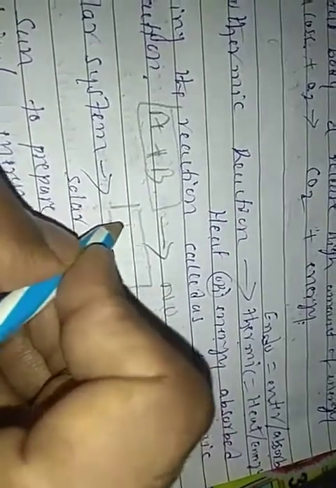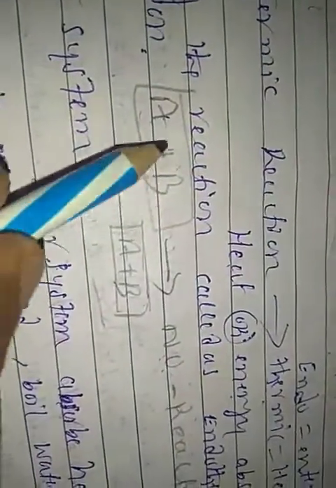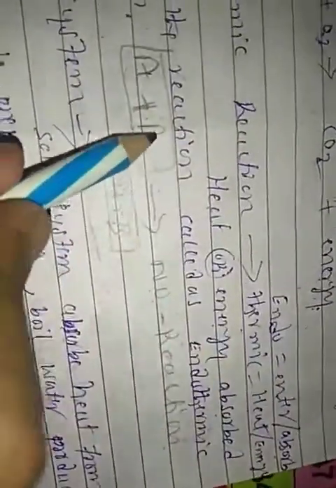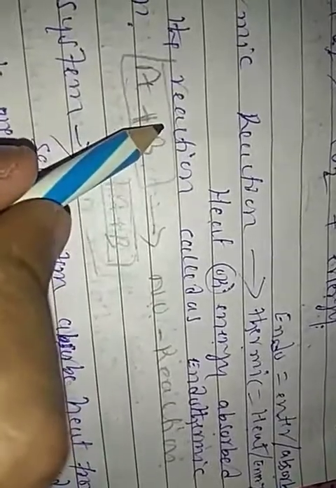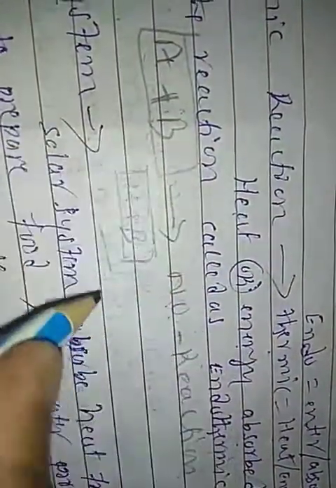Right students? Now the same chemicals, A and B. In the first chamber, A and B I have taken, there is no reaction. So some chemicals cannot react with each other.